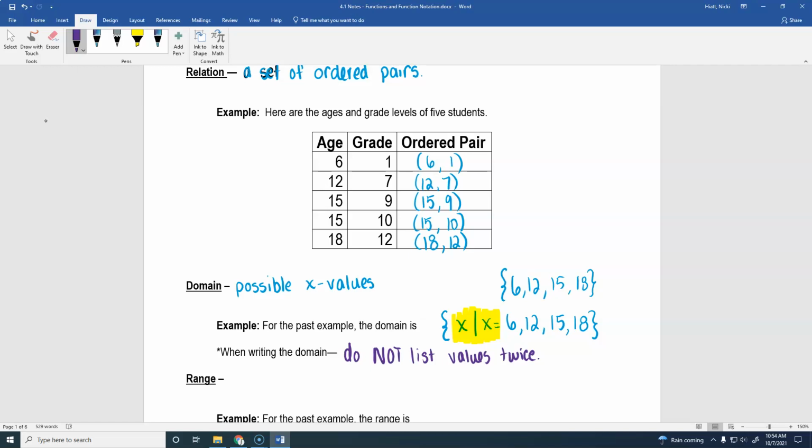Our range, what do you think range is going to be? It is our possible y values.